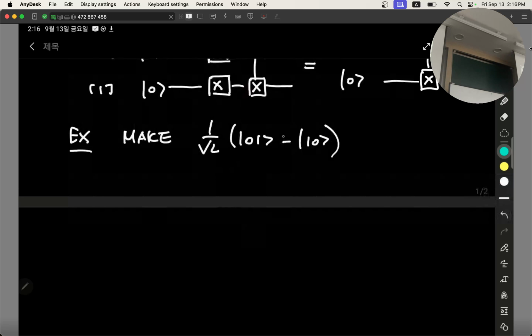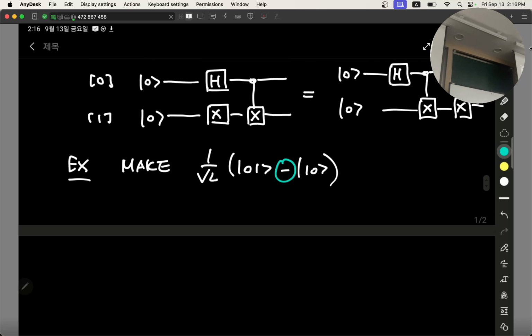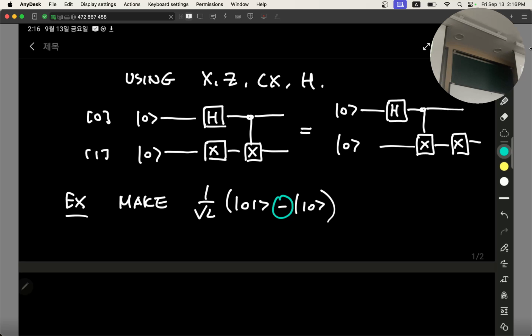How do you make it minus? So you only want to change when the qubit 1 is at the ket 1 state. What kind of gate does that? What kind of gate flips the phase of ket 1? There are 4 gates we can use here.